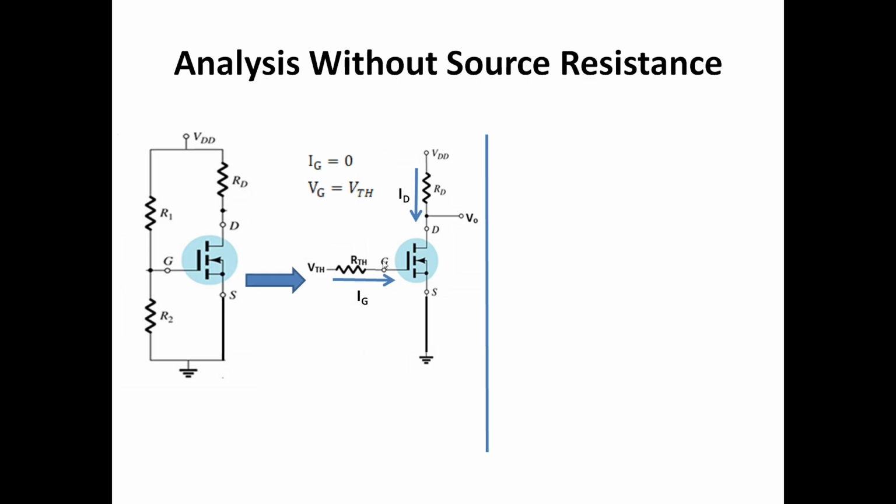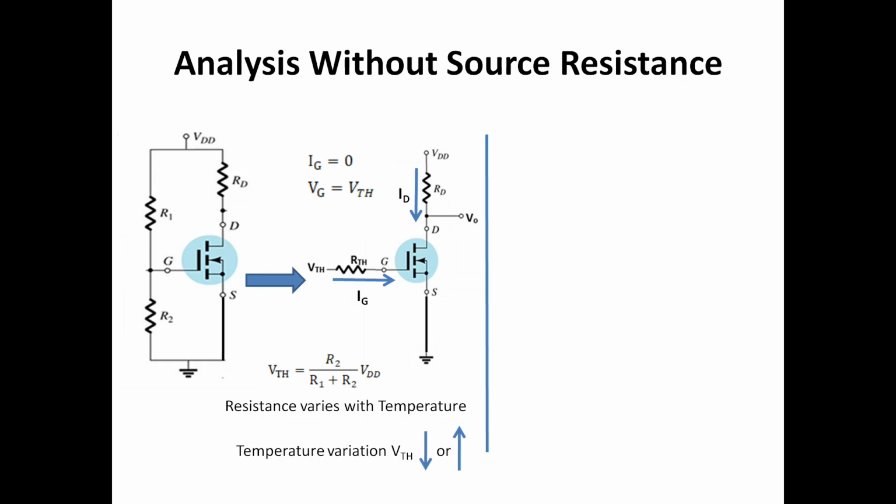So Vg, the gate potential, will become the supply VTH. Now VTH is nothing but the potential drop across this R2, that is R2 by R1 plus R2 into VDD. Now with the variation of temperature, resistance value varies.